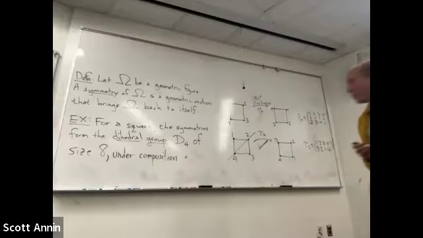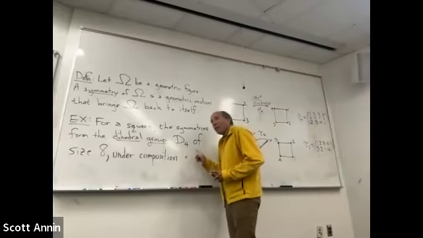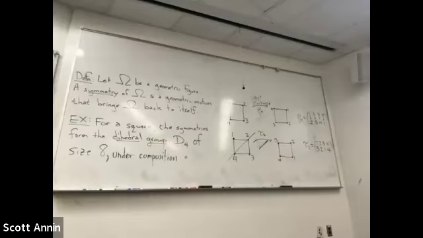I don't want to use the open circle here. That's why I'm switching to an asterisk, because you're not putting two symmetries together. You're taking one symmetry and one coloring. And the set of colorings is not a group. It's just a set.